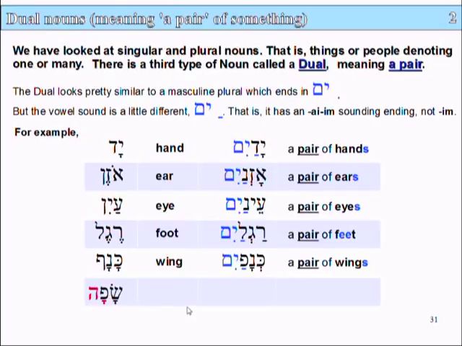Safa, which means lip, but notice it's a feminine noun, it's got the hey at the end. It's going to change the plural ending slightly. You don't have to memorize all this, you just have to be aware of it. So safa, which means lip, becomes sefatayim, a pair of lips.